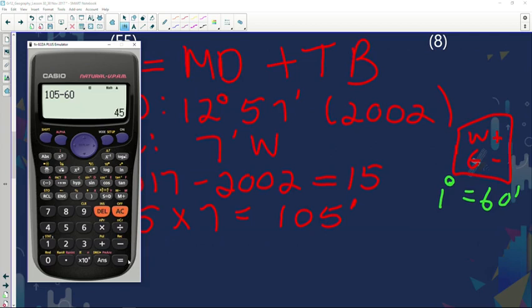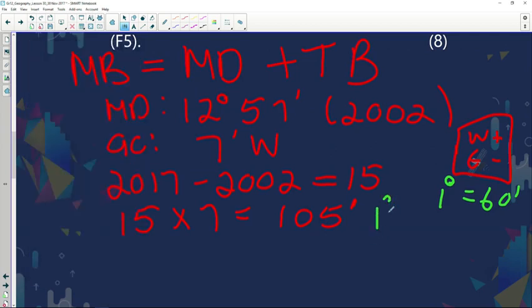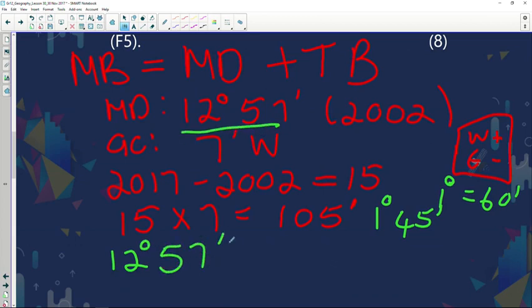So basically, this equals 1 degree and 45 minutes. 105 minutes equal 1 degree and 45 minutes. And because we're moving west, what do we do? We add it up. 12 degrees, that's where I get it from, 57 minutes plus 1 degree, 45 minutes. Because we're moving west, we are adding.